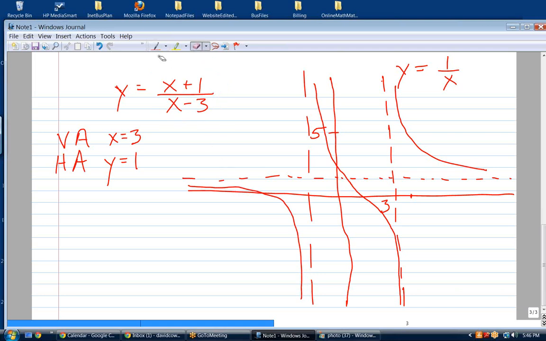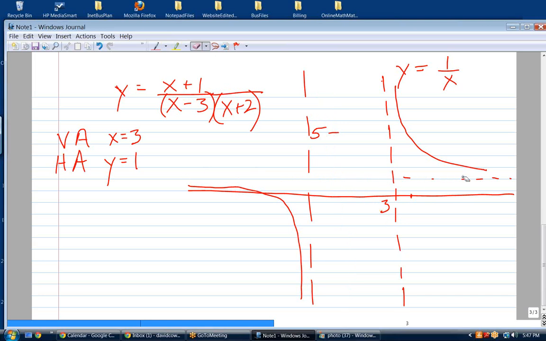In other words, if I had a function that had a denominator of x minus 3 times x plus 2, how would I graph that? Well, that has two vertical asymptotes. So I would start by drawing those two vertical asymptotes and a horizontal asymptote at y equals 0. So my basic grid to graph that function would look like this. There's my two vertical asymptotes and my horizontal asymptote, which is now at y equals 0.